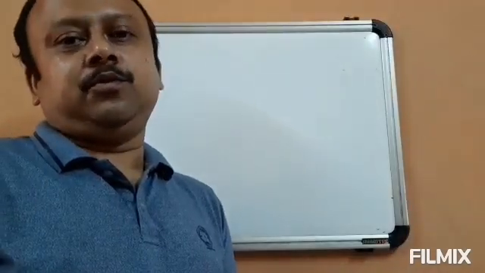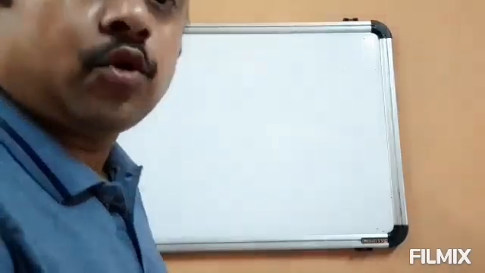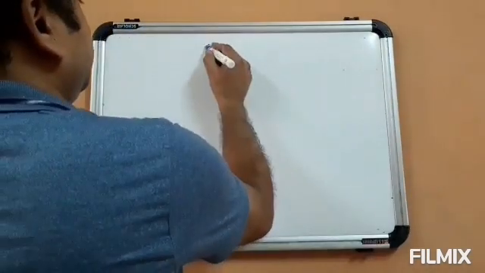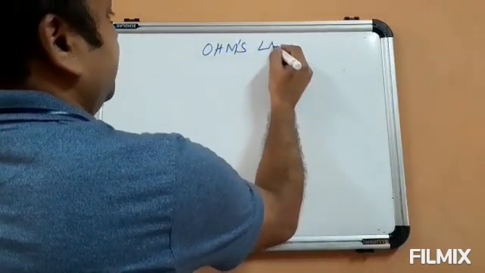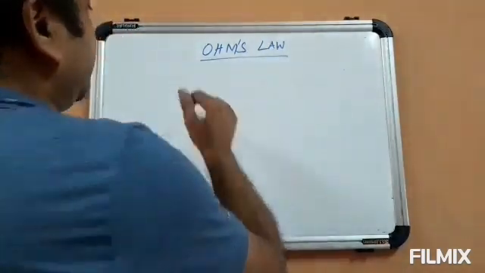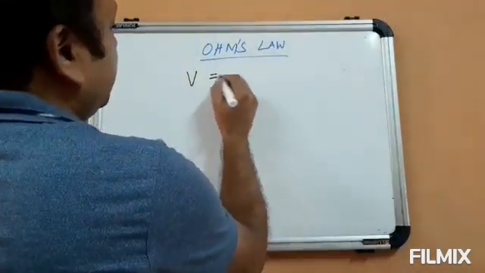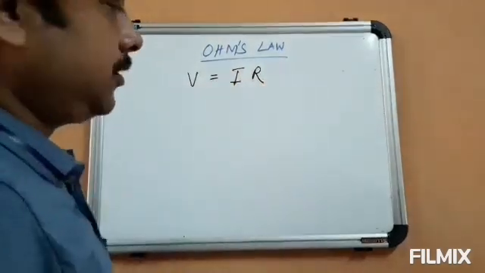I will explain to you one of the basic rules or laws of electricity, that is Ohm's law. It states that the voltage is equal to current into resistance.